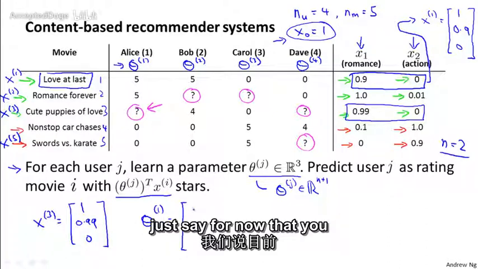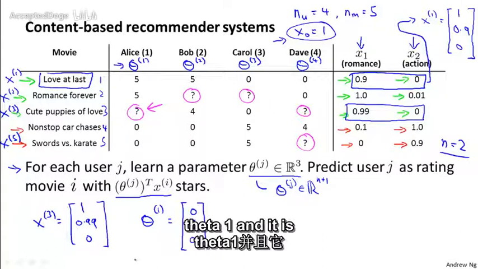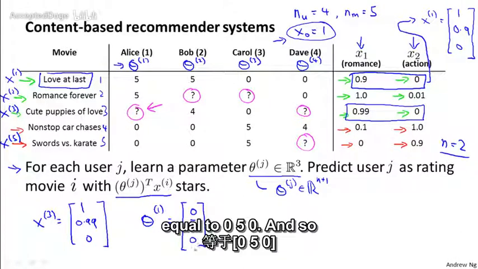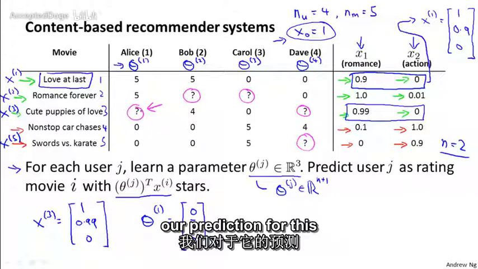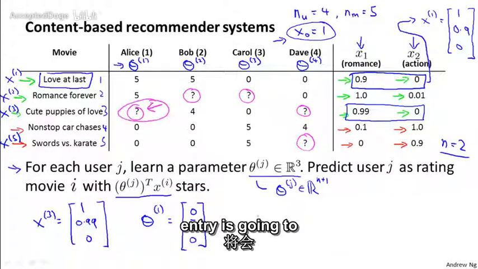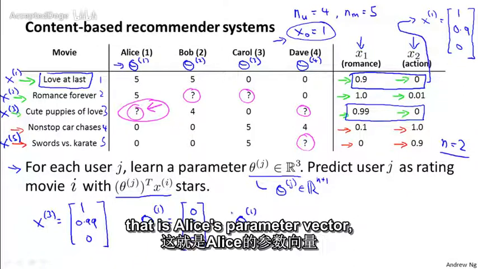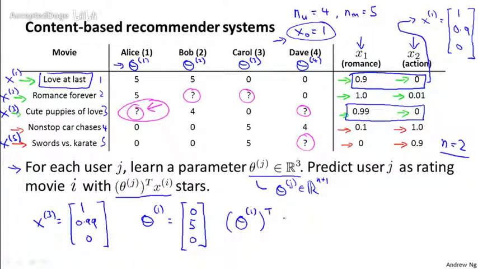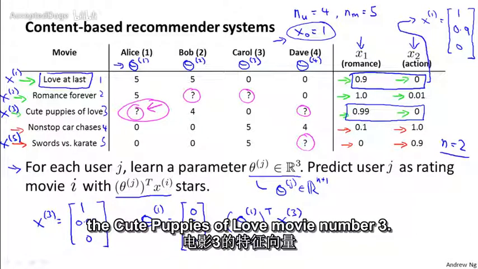But let's just say for now that some unspecified learning algorithm has learned the parameter vector theta 1 equal to 0, 5, 0. So our prediction for this entry is going to be equal to theta 1, that is Alice's parameter vector, transpose x3, that is the feature vector for the Cute Puppies of Love movie number 3.